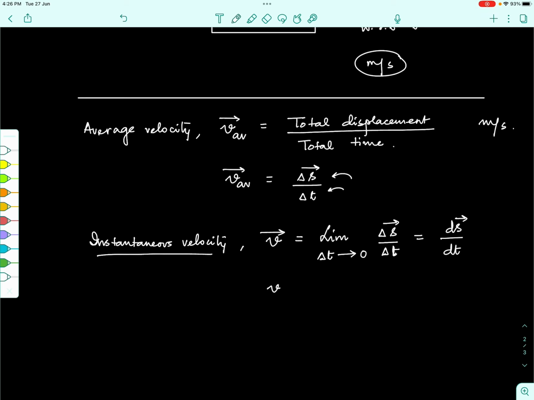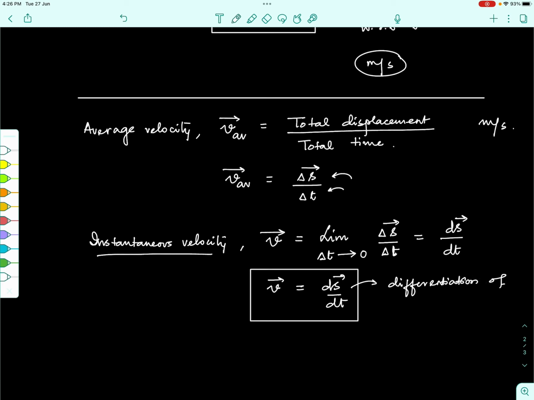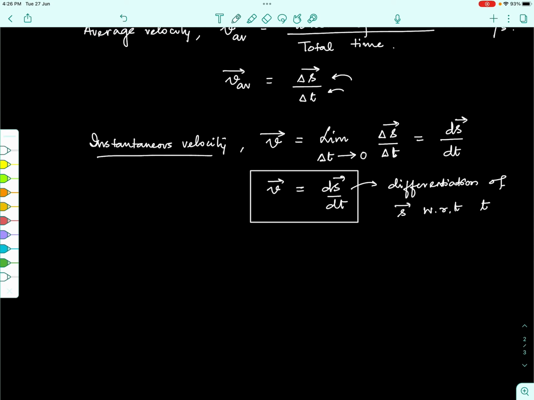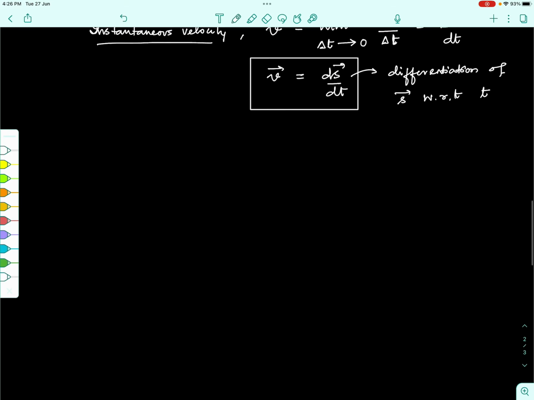So, this is the expression that we will get for instantaneous velocity, ds by dt, which is once again nothing but the differentiation of the displacement with respect to time t, right?